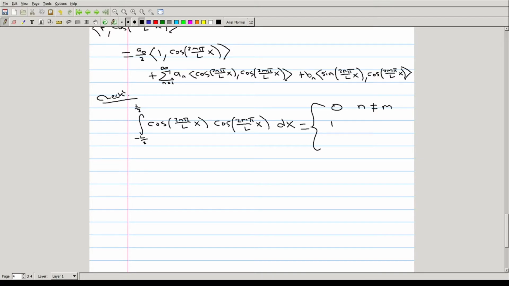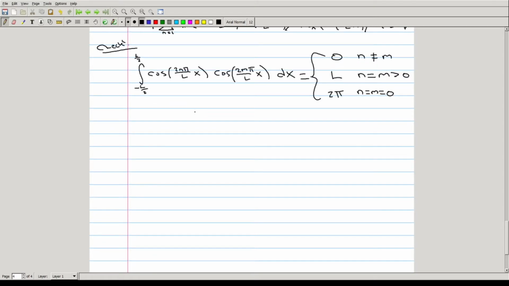It's L when n is equal to m, and it's 2 pi when n is equal to m is equal to 0. It has to be greater than 0. So you can go through and do this integral using the technique that I showed before from Calculus 2. It would be really good practice for you to go through and check this.